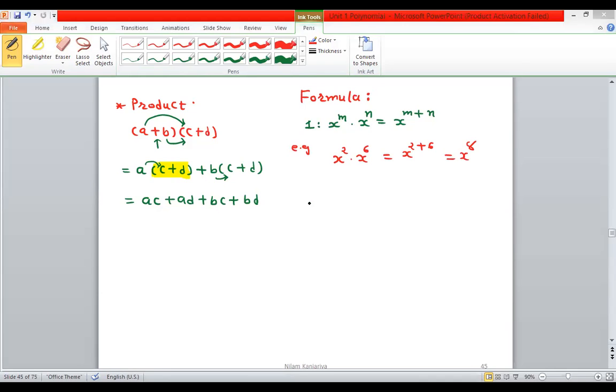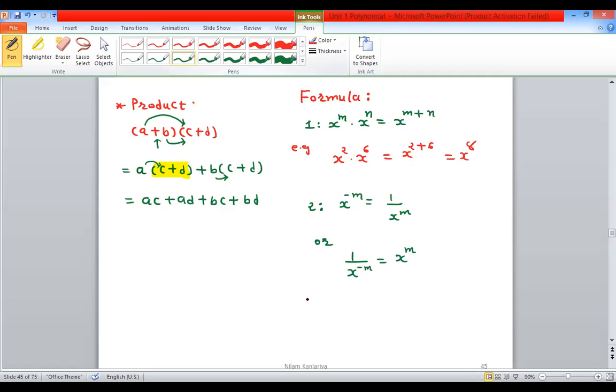Second one, it's again a help to you. If you have any power in the negative form, x raised to minus, it is written like a positive power, or the minus power in the denominator is written like a positive power in the upper form.